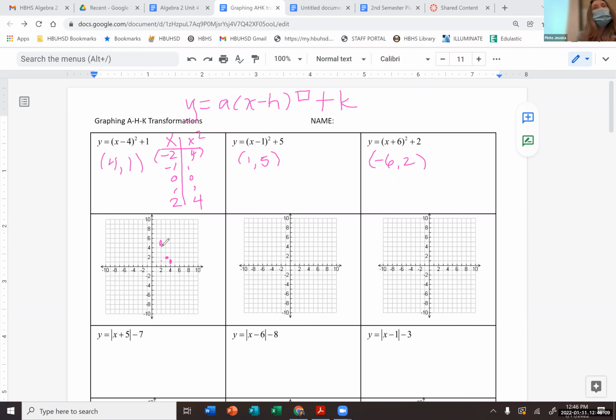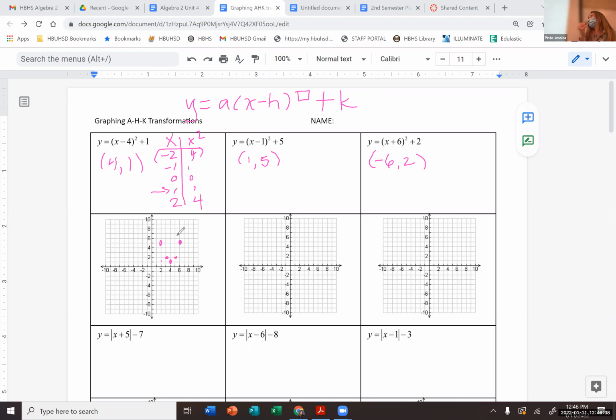I've already plotted 0, 0. Next, I'm going to plot 1, 1. So that's to the right 1 and then up 1. And then finally, I'm going to plot 2, 4. So I'm going to go to the right 2 units and then up 1, 2, 3, 4 units.